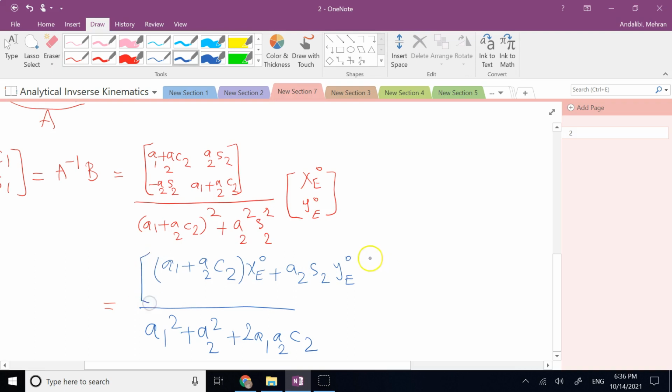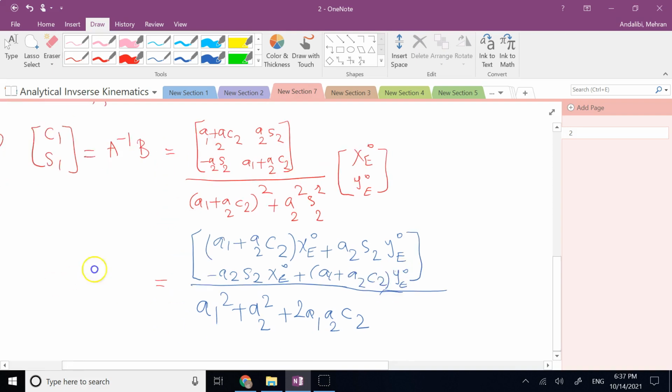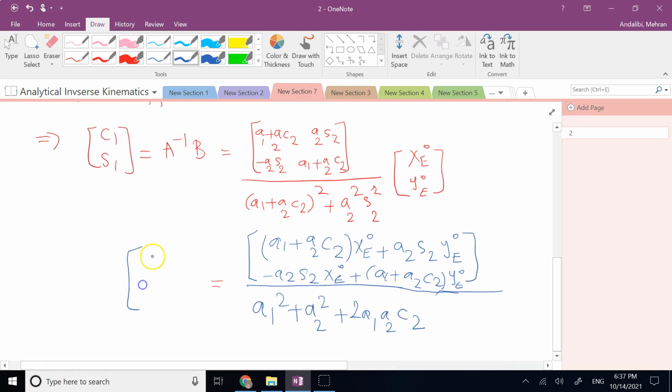This is the first element, and the second element is going to be negative A2 S2 XE, then plus A1 plus A2 C2 YE. Okay, so this is going to be C1 and S1.